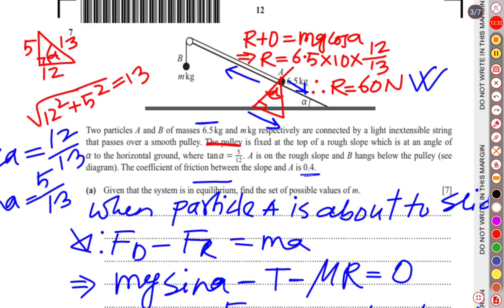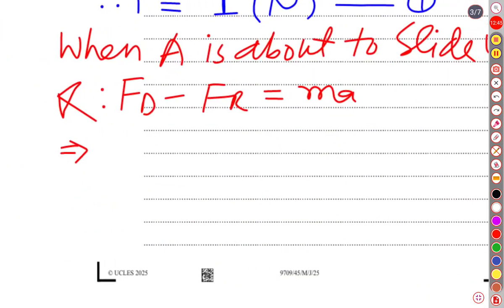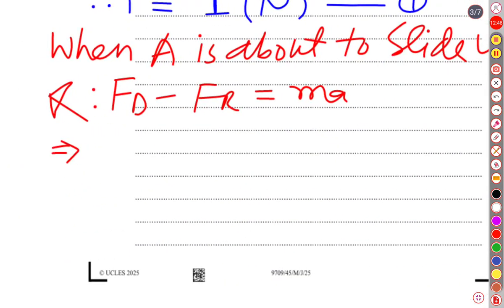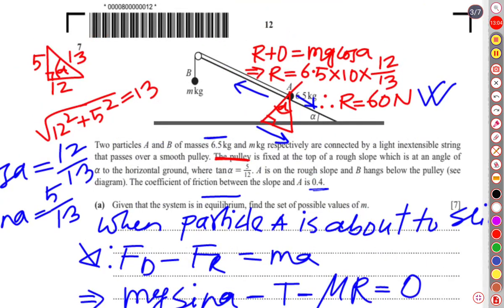So when the particle moves up, the tension is the driving force, and the other forces are trying to slide it downward. So our driving force is tension, then tension minus, so what are the next forces? The first force is frictional force. Frictional force is, we know, μR, minus the other force which is trying to slide the particle downward, which is weight.